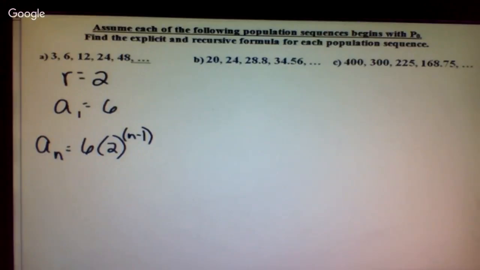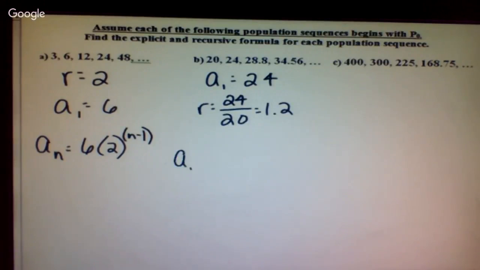Part B. What is my A sub 1? 24. What is my R? 1.2. Again, you can take 24 divided by 20. That gives you 1.2. So this is A sub n equals 24 times 1.2 raised to the n minus 1. And finally, C, we're looking at A sub 1, which is what? 300.